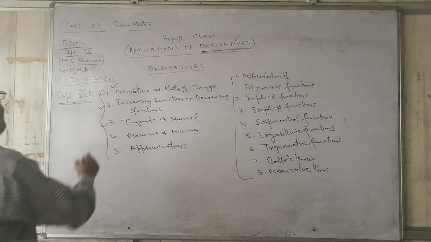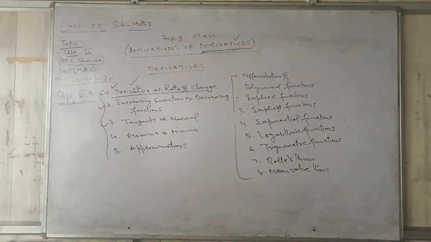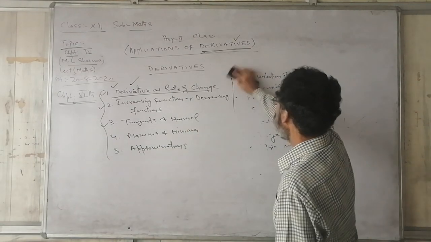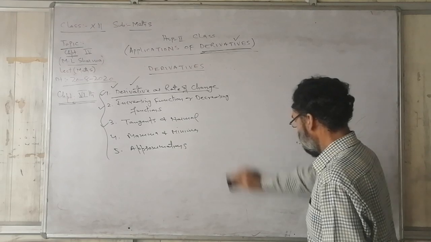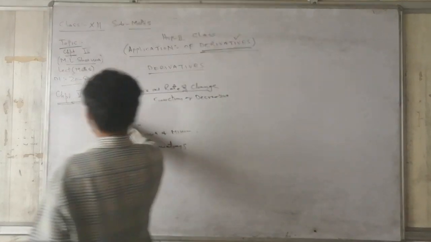So one by one we will take. So today I am going to take derivative application as a rate of change. So let us take the first case, that is derivative as a rate of change.